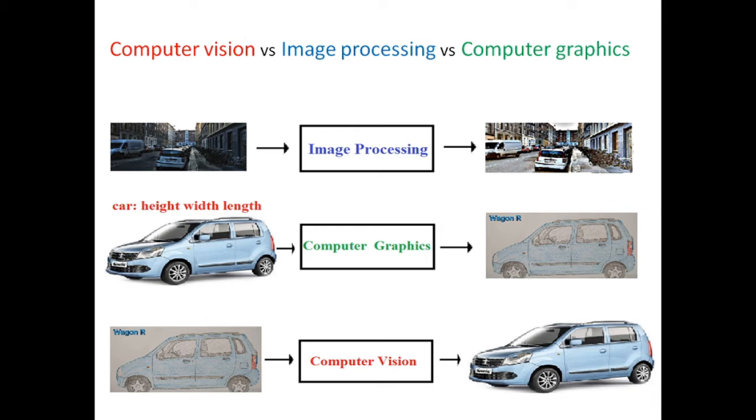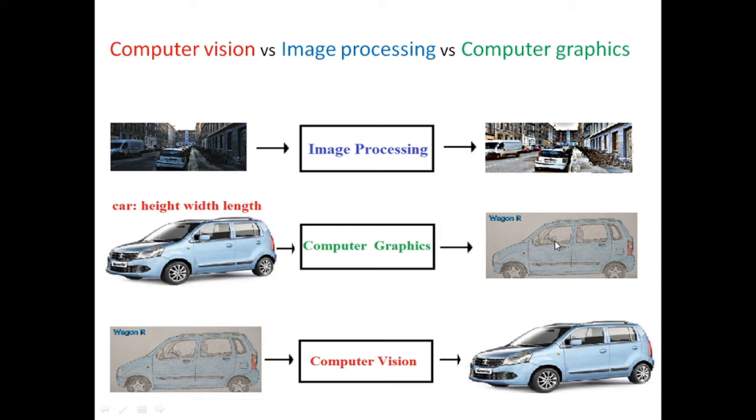This is computer graphics. It is a representation of a 3D scene in a 2D image. In the 3D scene I can see a side view, a front view and also a back view, but in this image I can only see a 2D image.